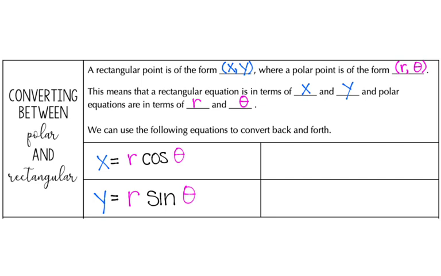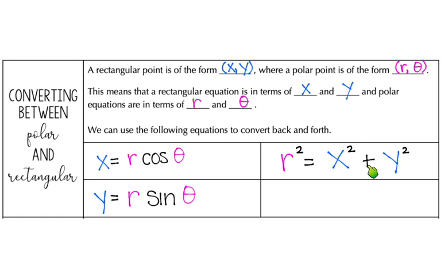Now remember when we did the unit circle, we always talked about the y-axis was the sine axis, so that's how you can think of this. To find the y values, the numbers that go on the y-axis, we do r sine of theta. To find the x values, remember the x-axis was the cosine axis, so it's going to be r cosine of theta. When we plug in our r and theta, we will get our x and y. So this is going from polar to rectangular.